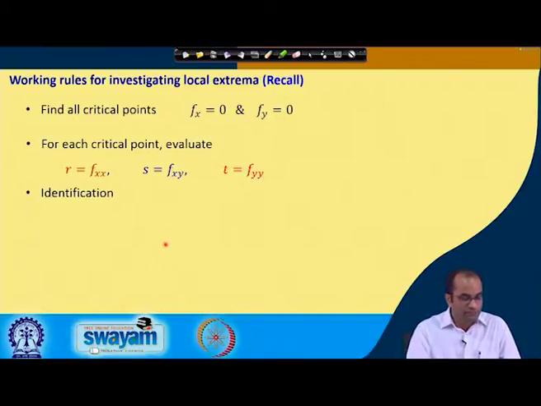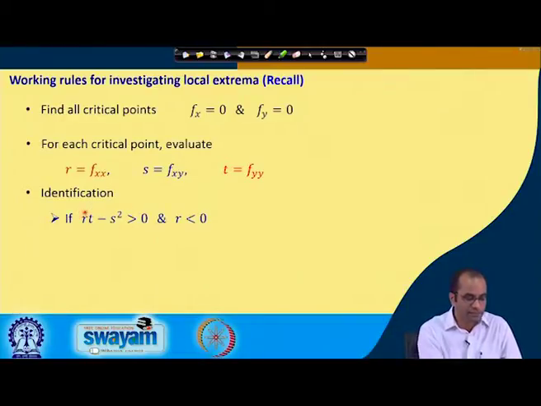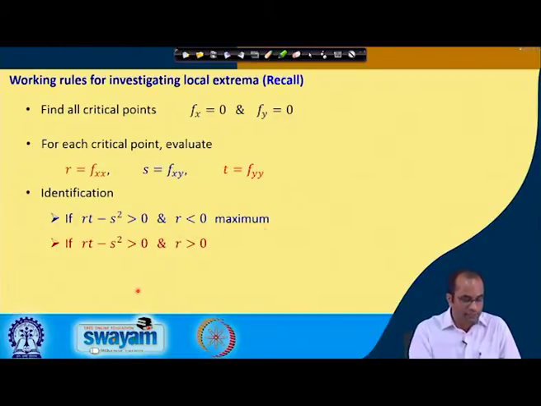For the identification, we realized that if r t minus s square is positive and r is negative, then we have a point of maximum. If r t minus s square is again positive and r is positive, then this is a point of minimum.